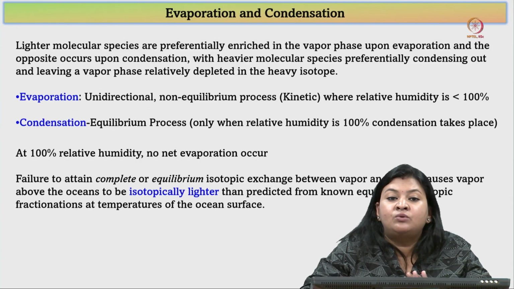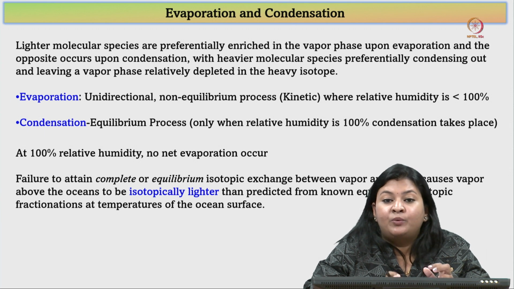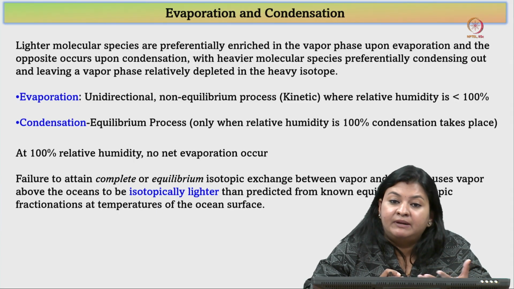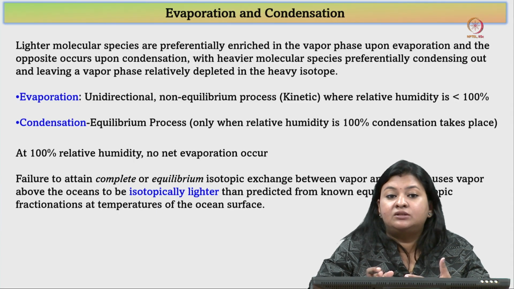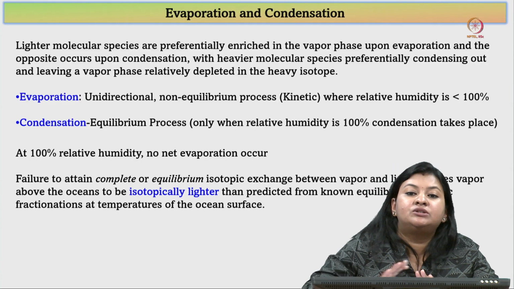What do I mean? There is no complete isotopic exchange. Even when equilibrium isotopic exchange is happening between the vapor and the liquid phases, there is not complete equilibrium. There is no completion of the process.